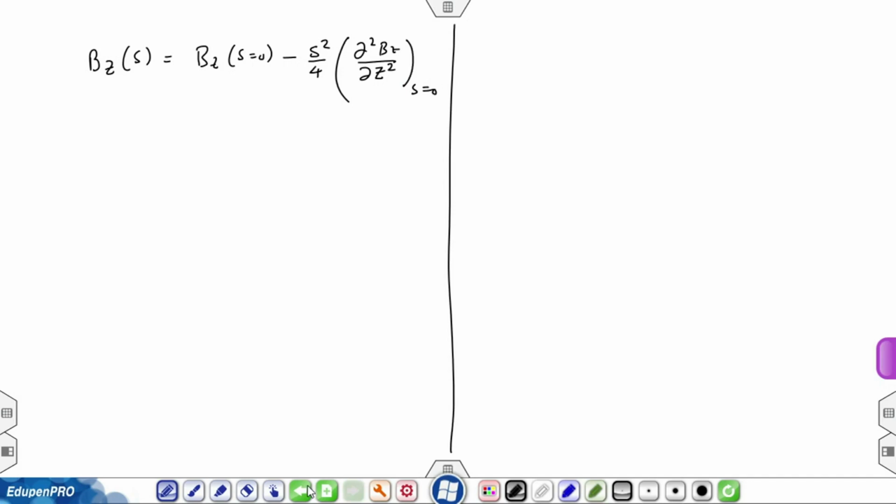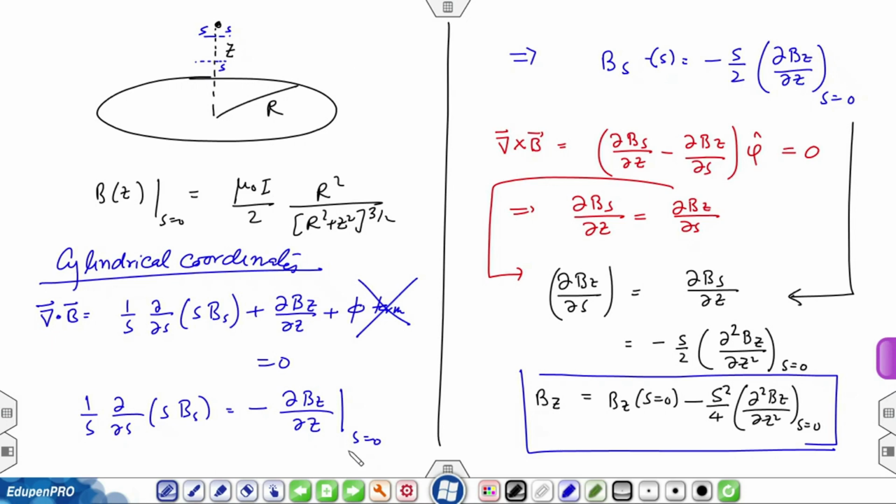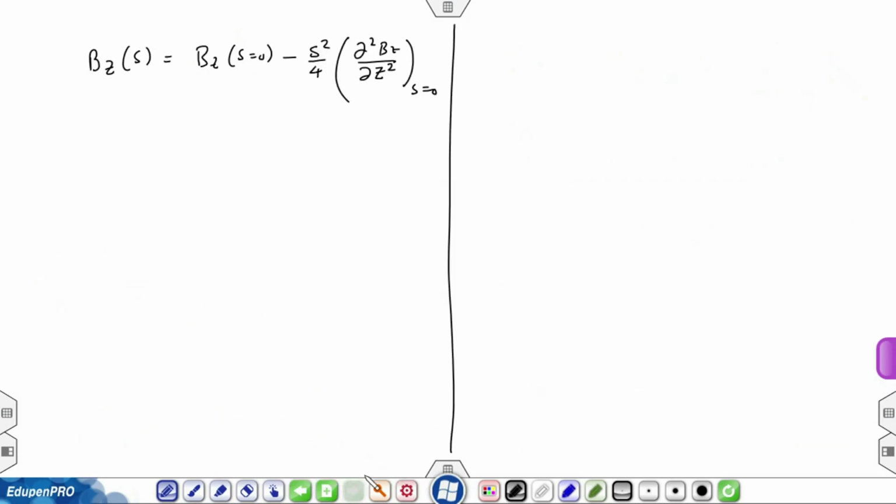We had already seen on the previous slide that Bs at some s at z, obviously there is a z also, is equal to minus s by 2 dBz by dz at s equals 0. Now, I want to find the next order correction.